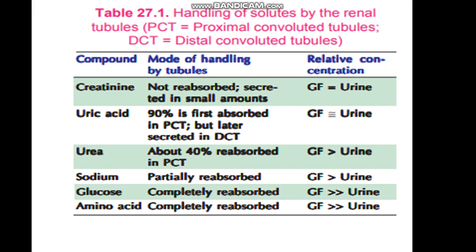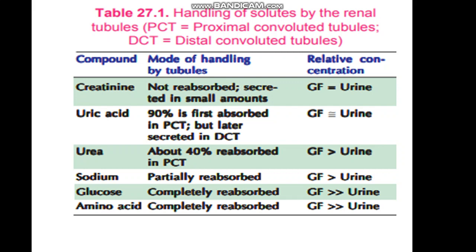It is estimated from the clearance of a filtration marker. So you have to choose a marker which is filtered at the glomeruli, and the most suitable marker is one which is filtered at glomeruli, not reabsorbed in the tubules, not secreted in the tubules, and passed out in the urine as such. Then the clearance is equal to the GFR. There are other substances also, like urea.